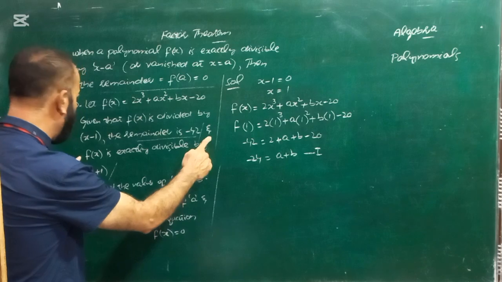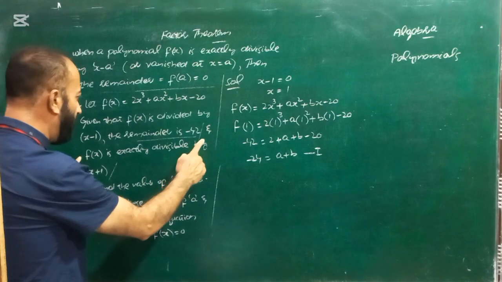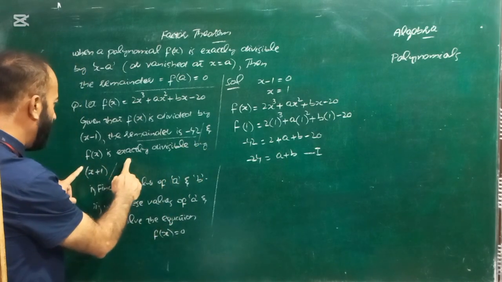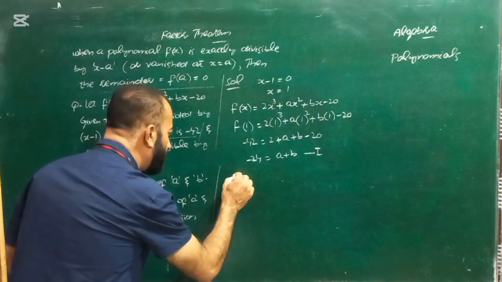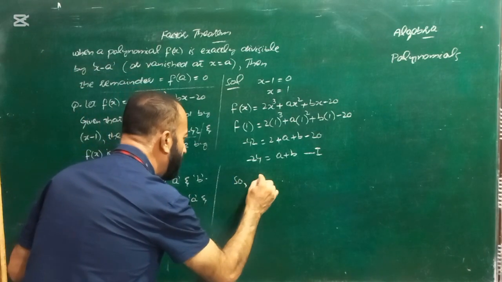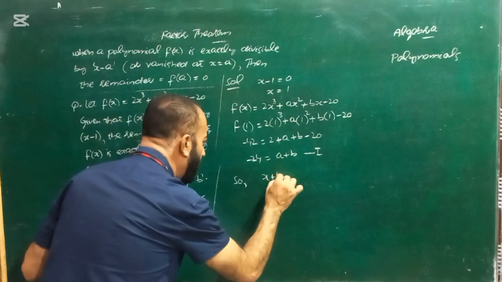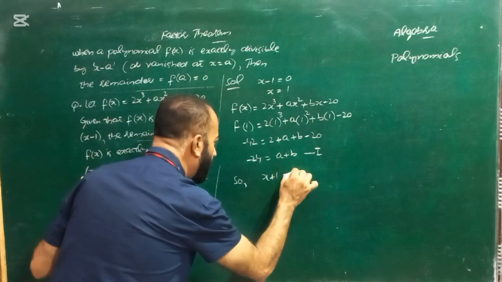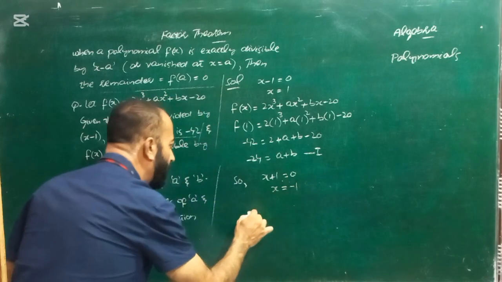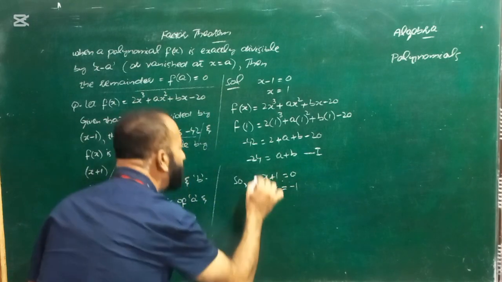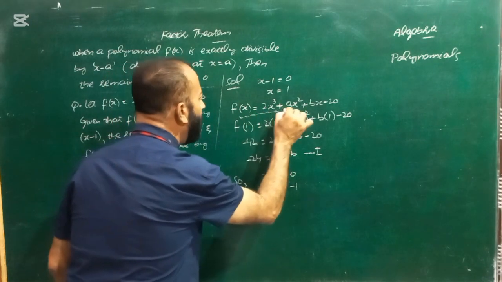And now from here onward, factor theorem is going to be applied, and f of x is exactly divisible by x plus 1. So x plus 1 equal to 0. So from here x is equal to minus 1. So this is going to be applied in the polynomial.